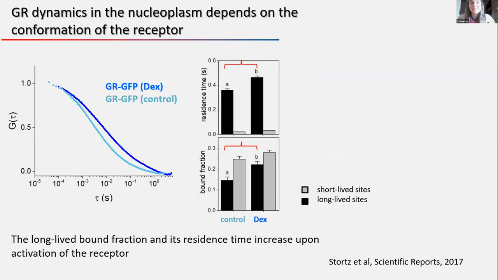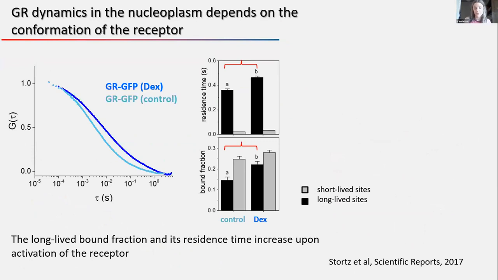So we analyzed the GR data with this model, and you can see that whenever you stimulate the cell with hormone, both the residence time and the bound fraction of the receptor to the long-lived site increase, showing that the receptor is attaching for a longer period of time to a higher number of targets on the DNA.